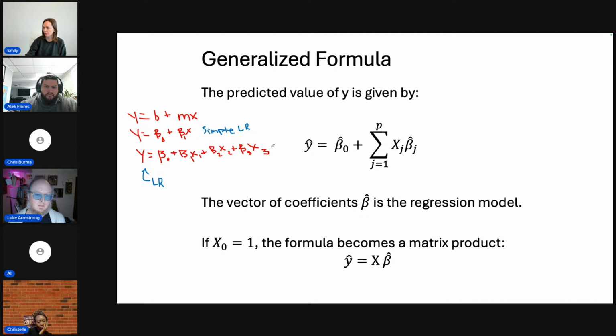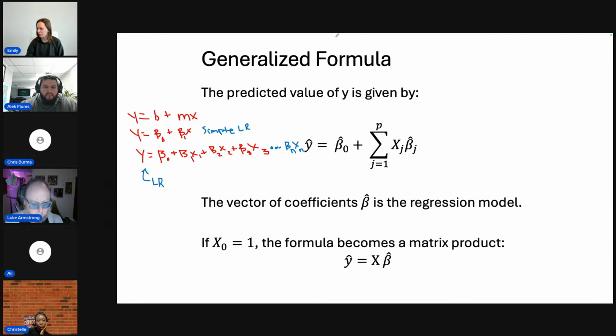This full expansive formula, you can keep going, and you might actually see it written as beta sub n times x sub n. So you can keep going for however many features that you have. If you are a math nerd, you're going to like that notation.